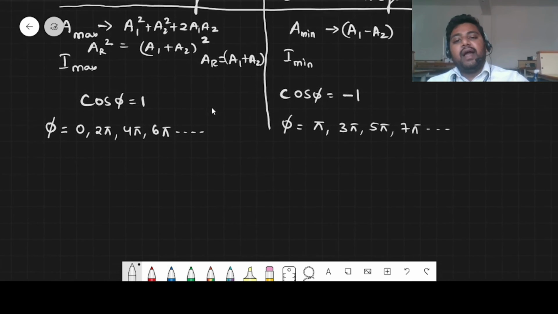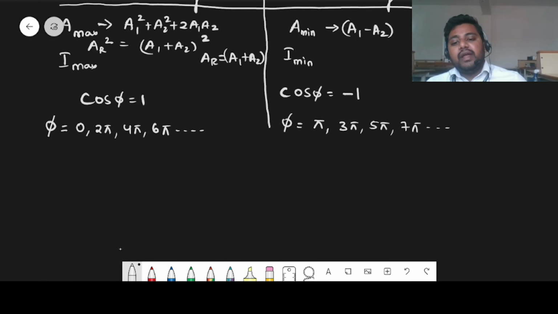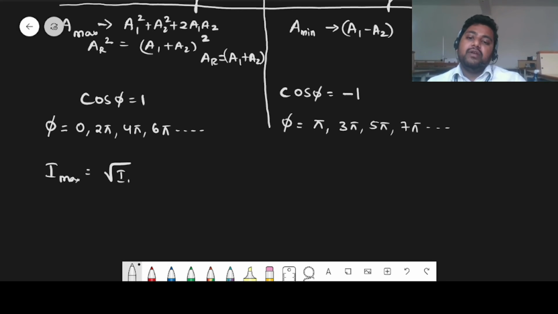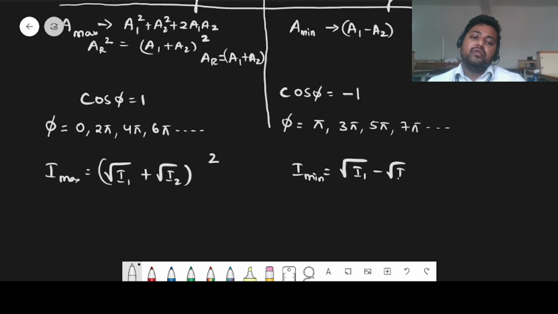In the same way, how do you write the I maximum equation and the I minimum equation? The same formula you will be applying in these two. So I max can be written as root of I1 plus root I2 whole square. In the same way, I minimum can be written as root of I1 minus root I2 whole square.